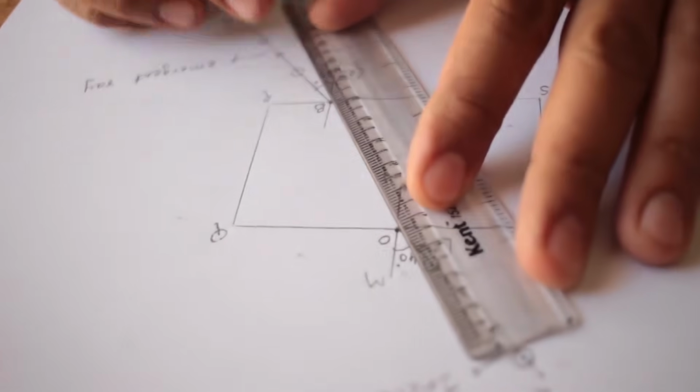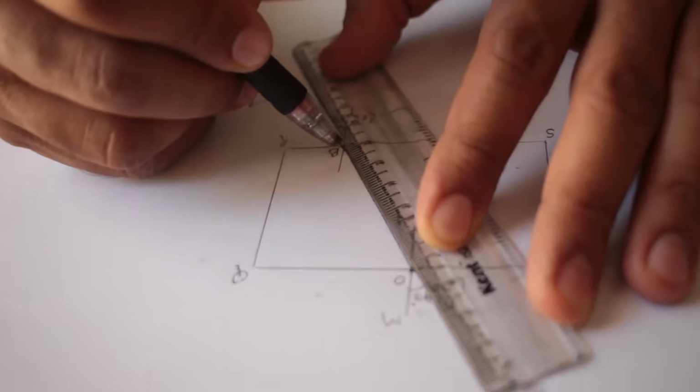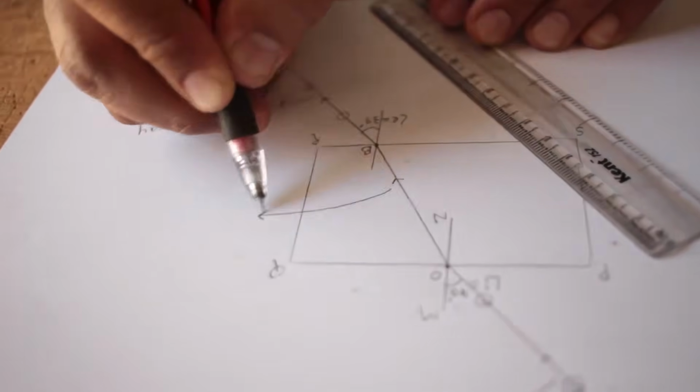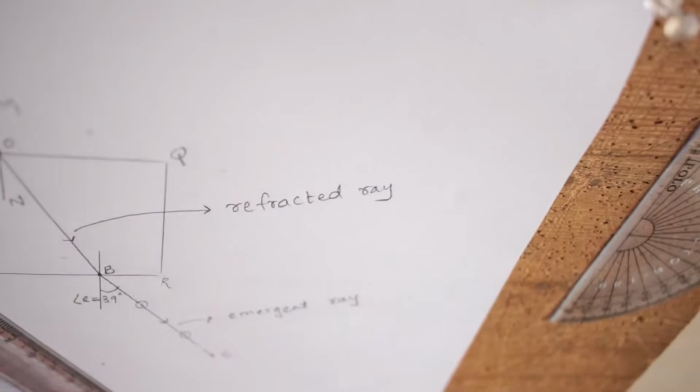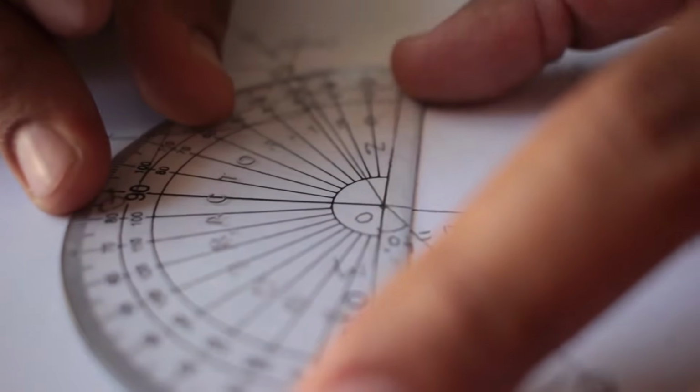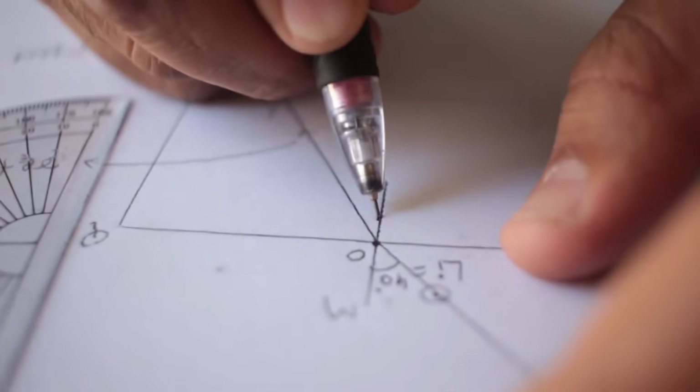Now join the points O and B. OB is a refracted ray. Measure the angle of refraction, which is approximately 26 degree in this case.